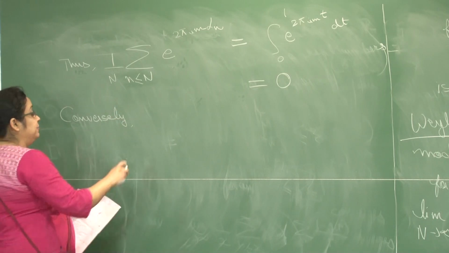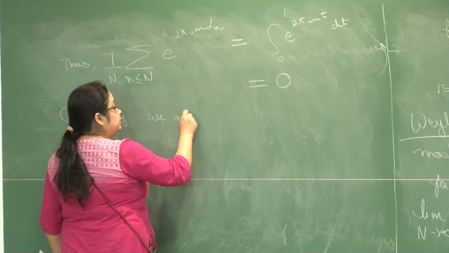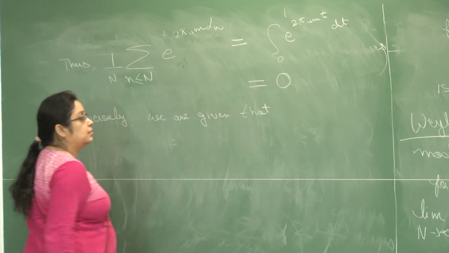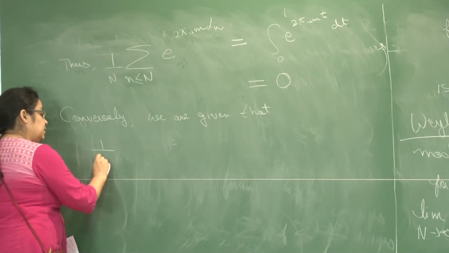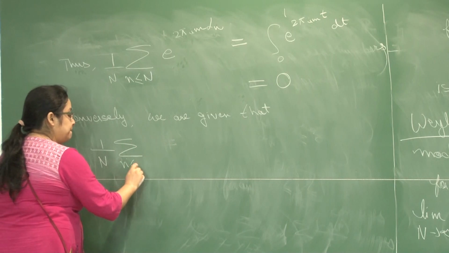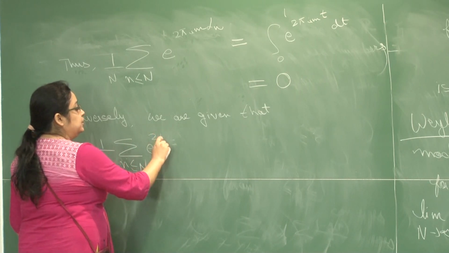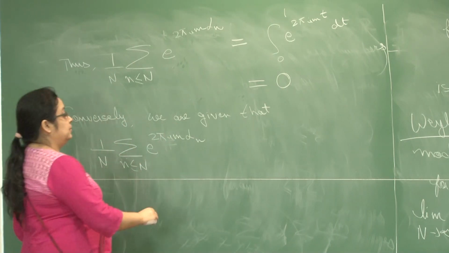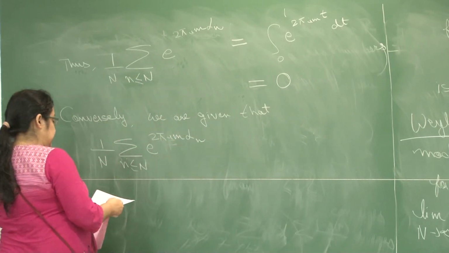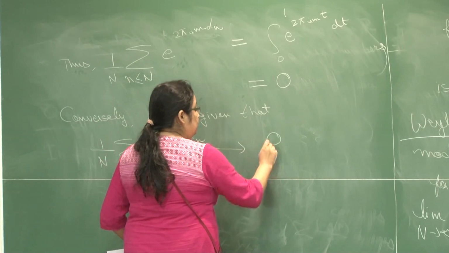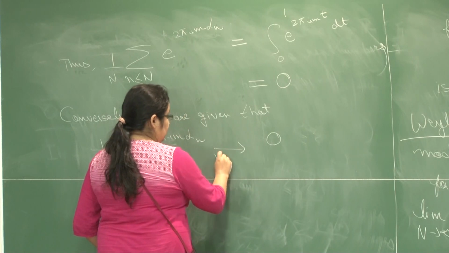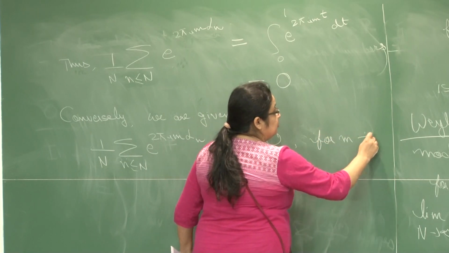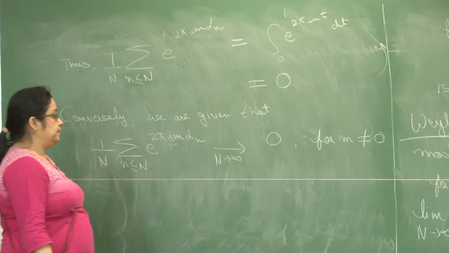Conversely, we are given that the limit of the sum, 1 over N summation of e raised to the 2 pi i m alpha sub n, converges to 0 if m is a non-zero integer.